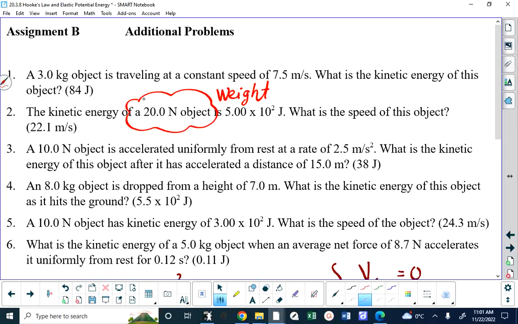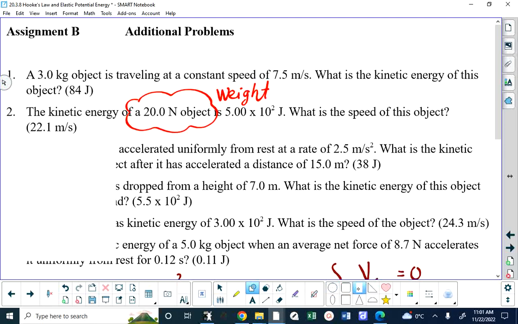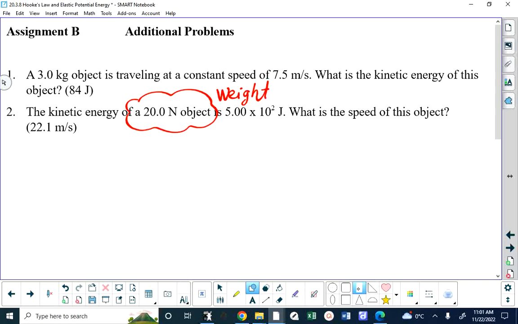So I've talked about this before, but I want to talk about it again because it might have been a while. When I say a 3.0 Newton kitten, I'm talking about the weight of the kitten.